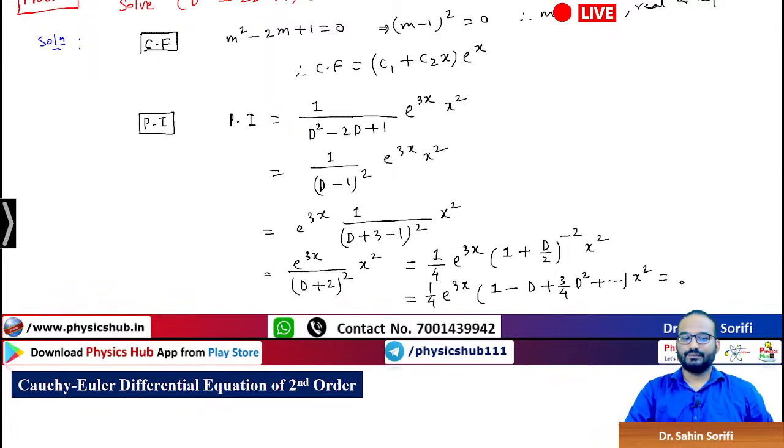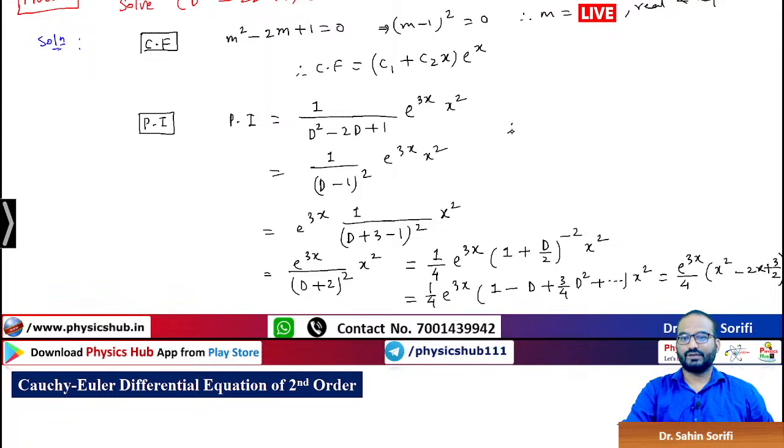That is equal to e to the power 3x by 4 times x square minus 2x, 3 by 4 D square, so 3 by 4 into 2, so 3 by 2, plus 3 by 2.